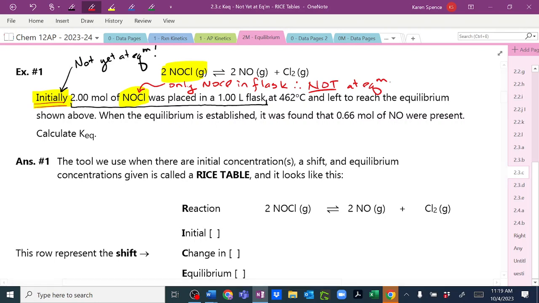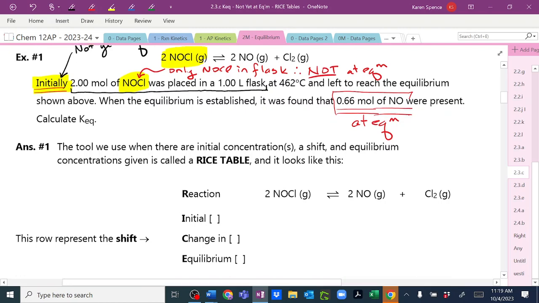So if we place it in a flask and we leave it to reach equilibrium, we're going to have some shifting involved. When the equilibrium is established, it is found that we have 0.66 moles of NO. So that is at equilibrium. And now we need to calculate the KEQ.